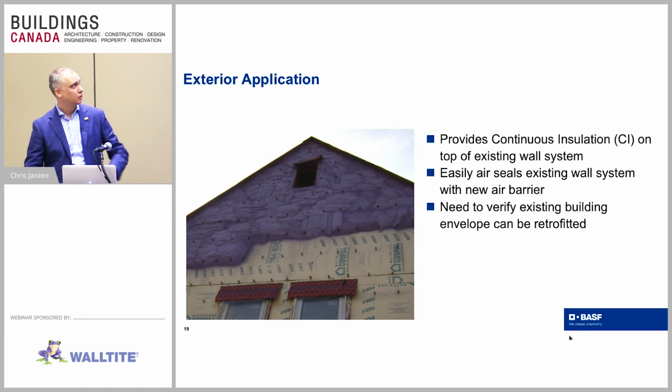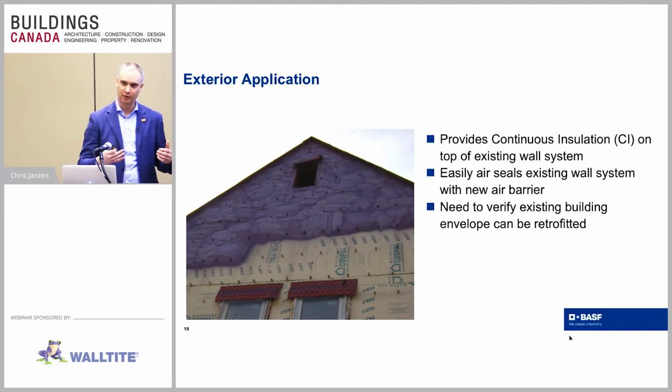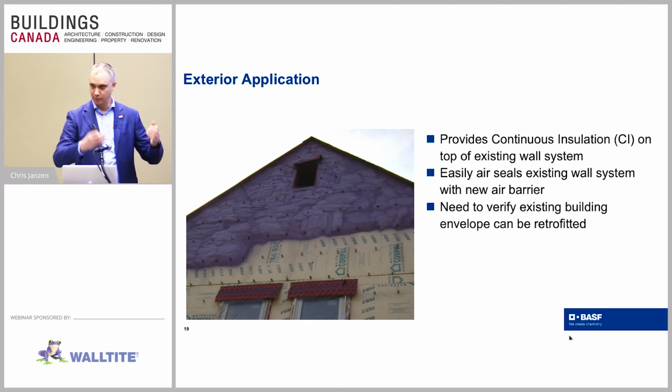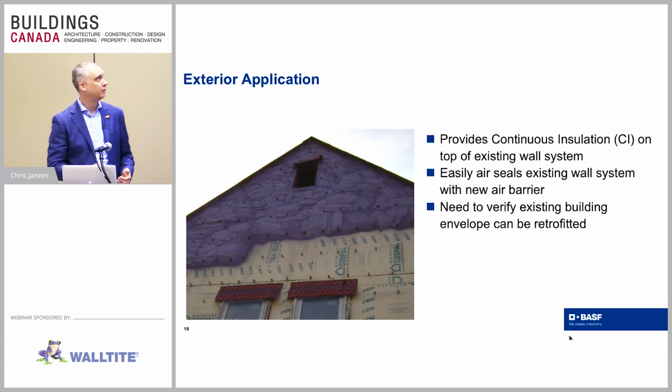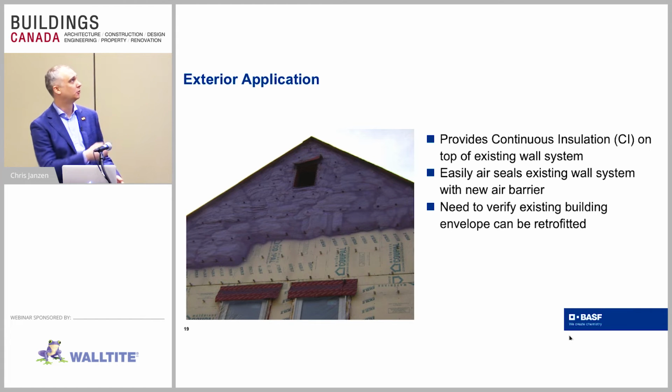Starting to transition out into the exterior, depending on what kind of retrofit you're doing, this is where it gets more extreme, where you're taking the facades off and putting new fascia on or something like that. You're getting to the actual exterior substrate. One of the easy things you can do with spray foam is just spray onto the existing sheathing.